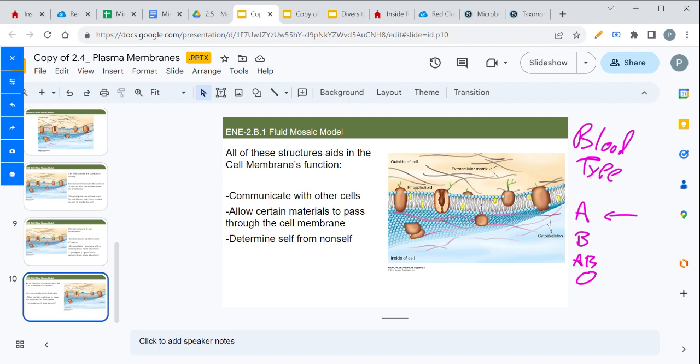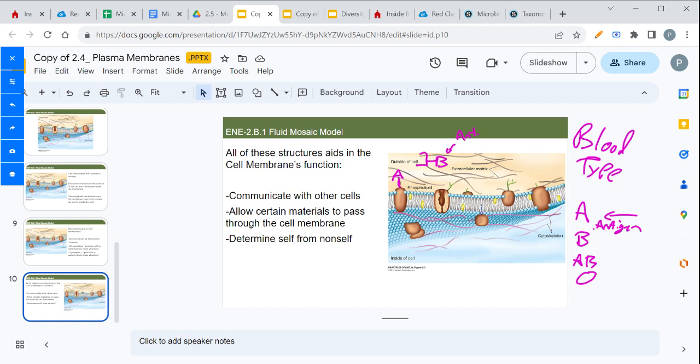In the case here, what this means is that you have this A antigen, which is just a glycoprotein located on your cell membrane. This can be the guy that says, hey, I am a blood type. This is what actually determines that I am blood type A. And when we talk about antibodies, the people who have the A blood will have the B antibodies.